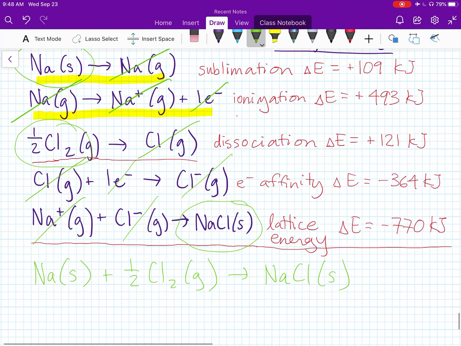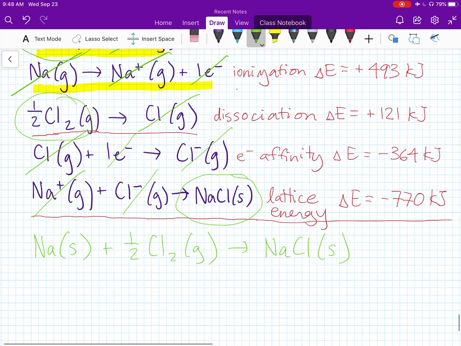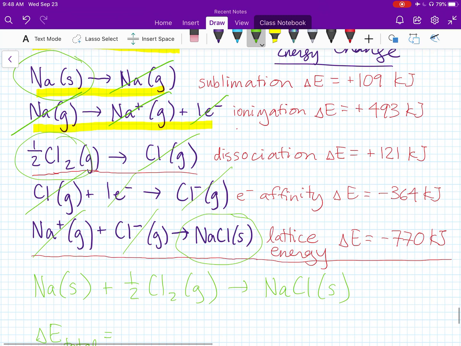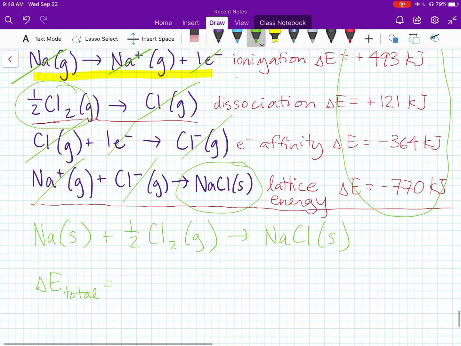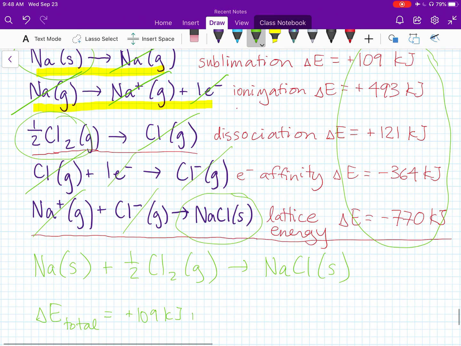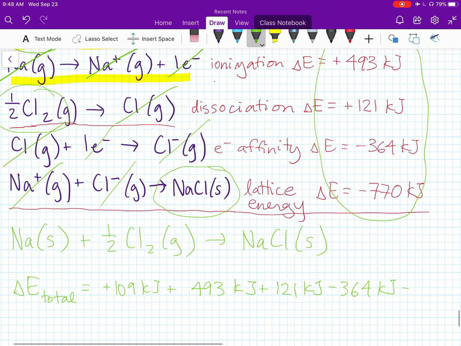Now, if I want to figure out the energy change associated with this, I have to just add up all the values from this column over here. So I have positive 109 kilojoules plus 493 kilojoules plus 121 kilojoules minus 364 kilojoules minus 770 kilojoules, just adding up everything with their respective signs in that column.